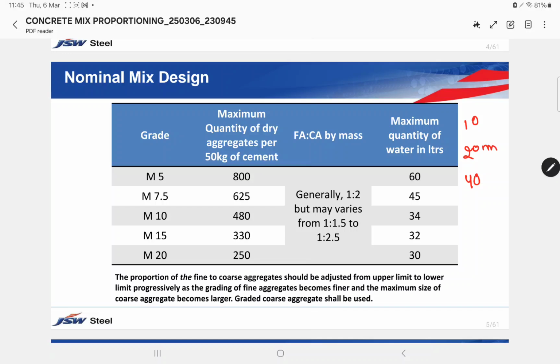change accordingly. So if I am designing for the same M20 grade concrete, but this time instead of using 20 aggregate, I am planning to use 10 aggregate, then my proportion of fine aggregate to coarse aggregate will become 1 is to 1.5.